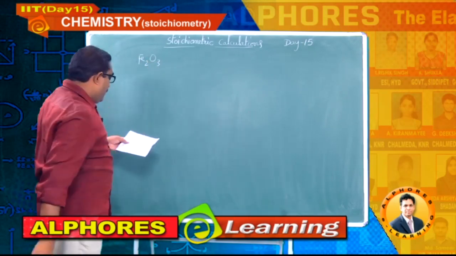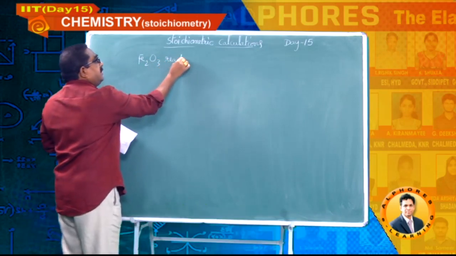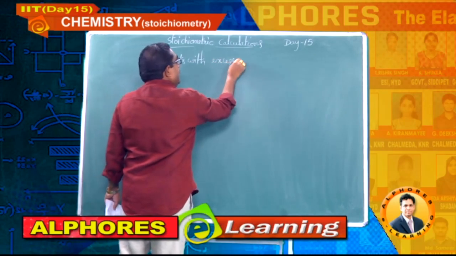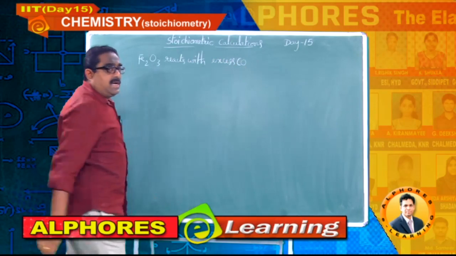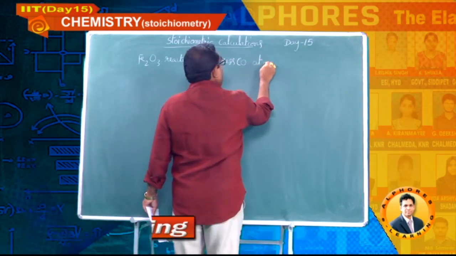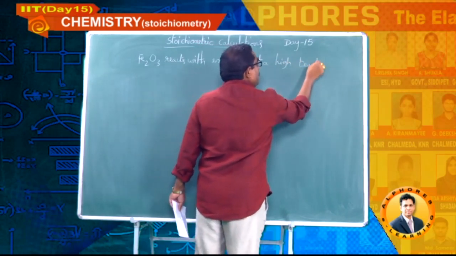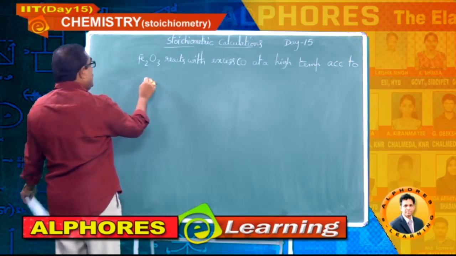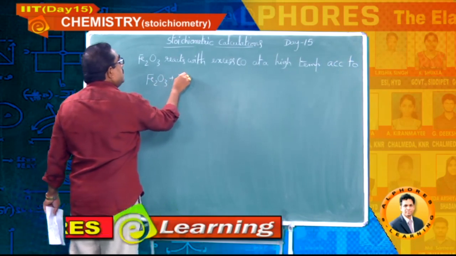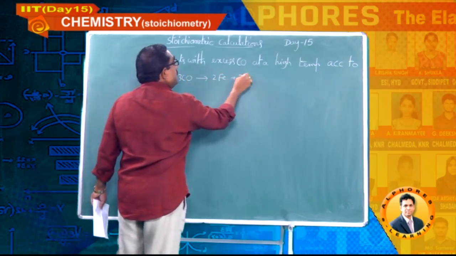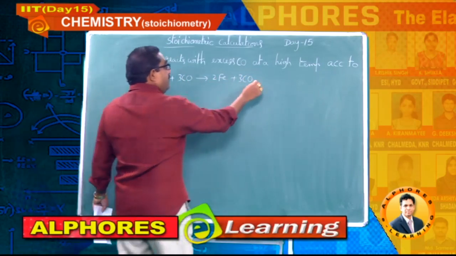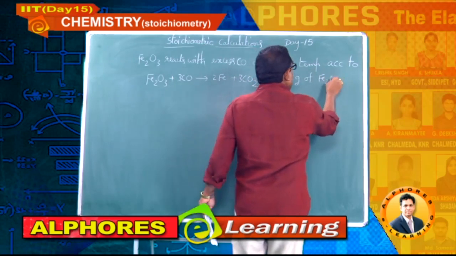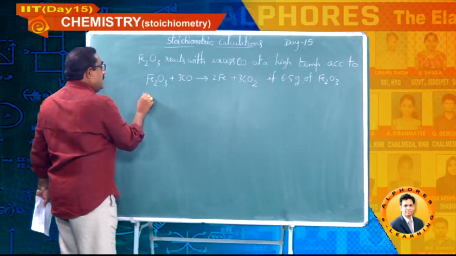Ferric oxide, Fe2O3, reacts with excess carbon monoxide at a high temperature, according to the equation given, producing iron and CO2.